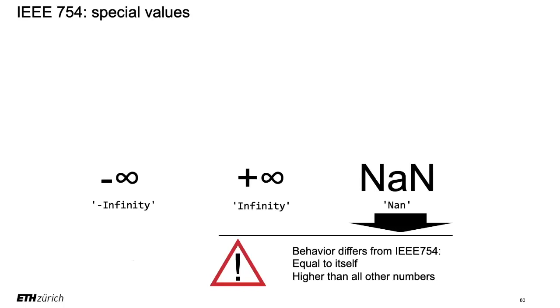Then technically you get infinity. Now you're going to tell me, okay, but which infinity, right? Because that's ambiguous. Could be minus infinity, could be plus infinity. Well, it turns out that in that standard, there is also the notion of positive 0 and negative 0. So 1 divided by negative 0 gives you minus infinity, and 1 divided by positive 0 gives you plus infinity. 0 by 0 would give you NaN, right? All right. So this is the idea.